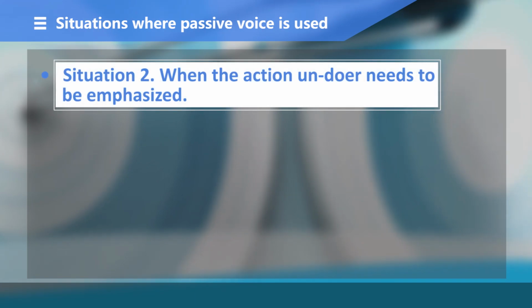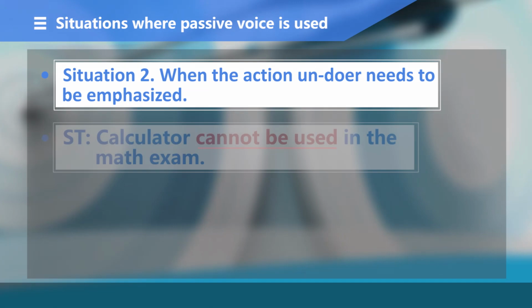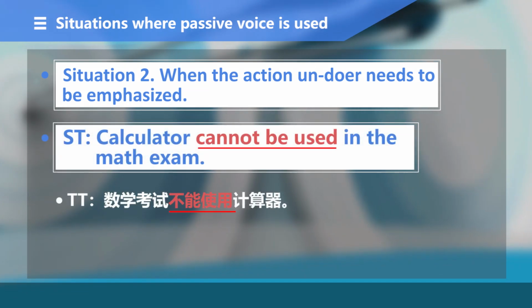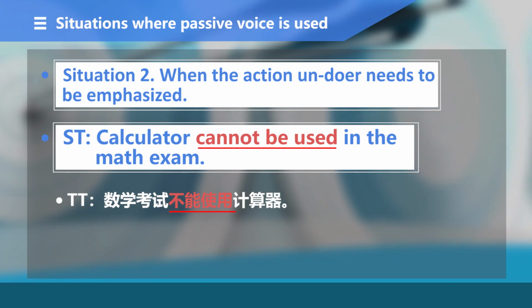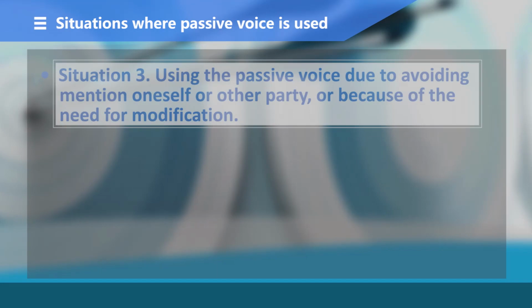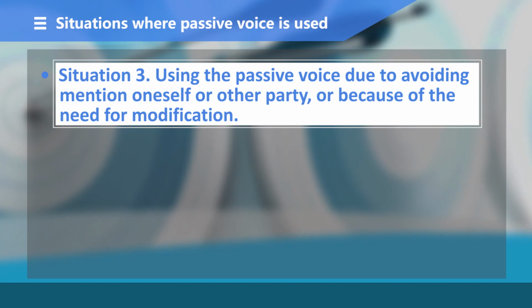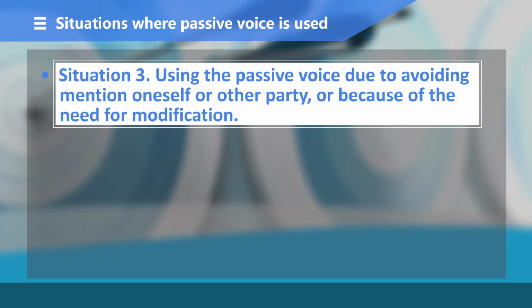Situation 2, when the action and doer need to be emphasized. Look at example 2. Situation 3, using the passive voice to avoid mentioning oneself or the other party, or because of the need for modification.